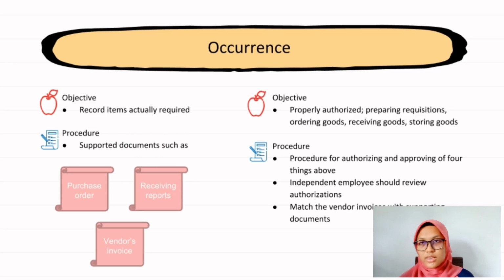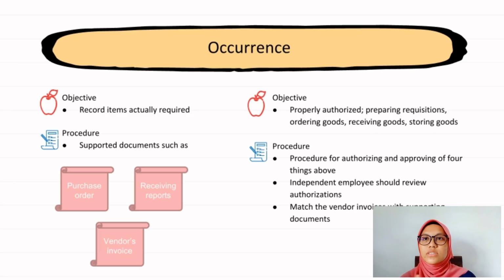How we know it? The procedure is the voucher for payment of purchases should be supported by proper document like purchase order, receiving reports, and vendor invoice. Next one is the purchase transactions are properly authorized for preparing requisitions, ordering goods, receiving goods, and storing goods.